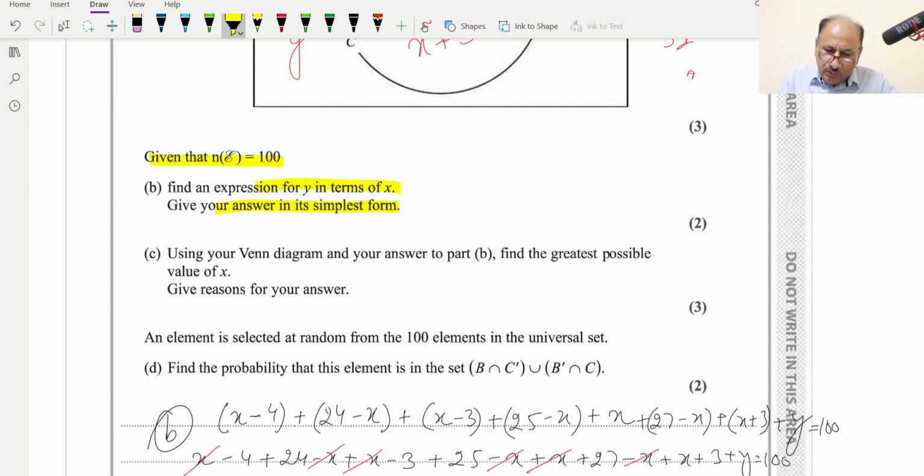Next, C part: using your Venn diagram and your answer to part B, find the greatest possible value of x, and give your reason for that also.